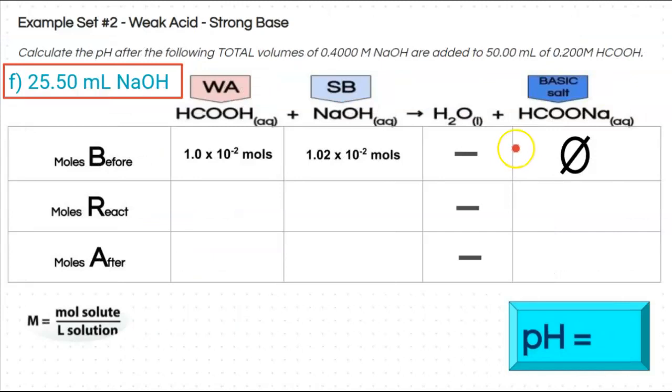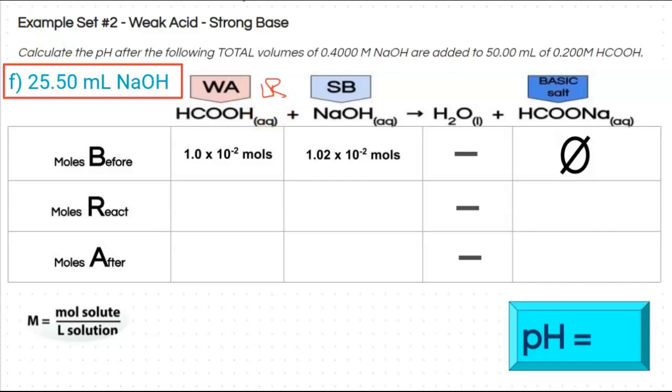We have 2 calculations left to do with our weak acid strong base titration. So in this case, I continue to use that same 1 × 10⁻² moles. I am adding 25.5 milliliters of sodium hydroxide, okay, which calculates to be 1.02 × 10⁻² moles. In this case, the weak acid is going to be my limiting reactant.